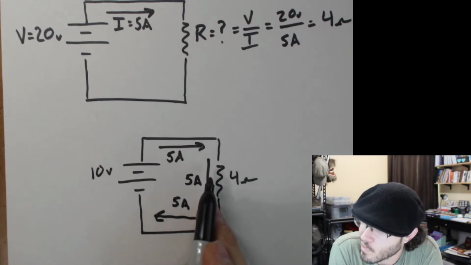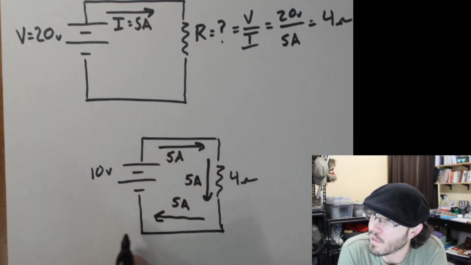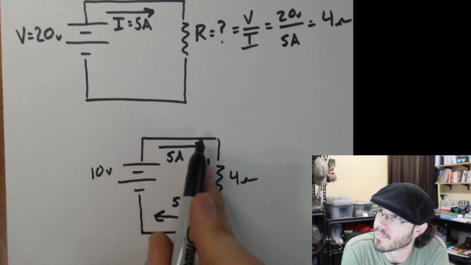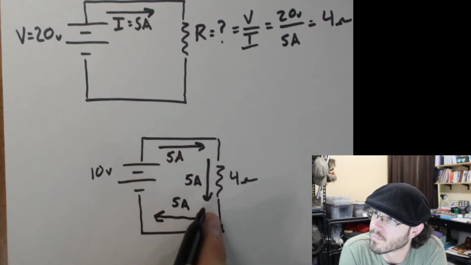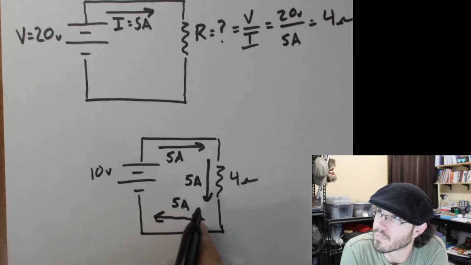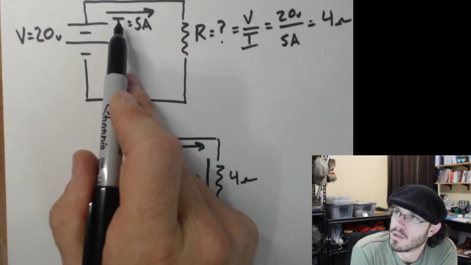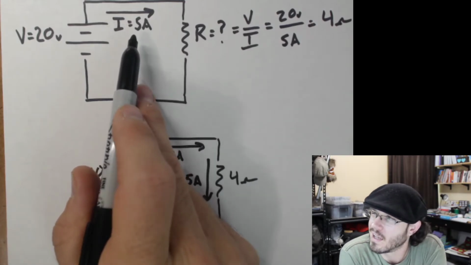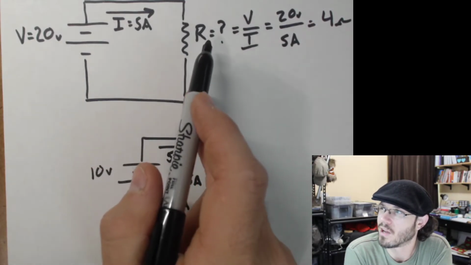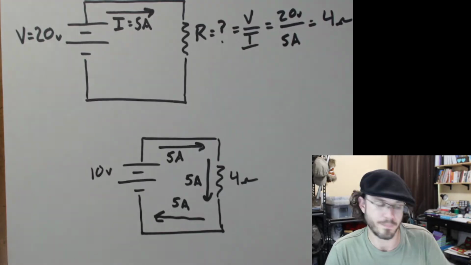Okay, remember that current is flowing through a path. So let me go back up to this upper example again where I solved it, and let me do another one.